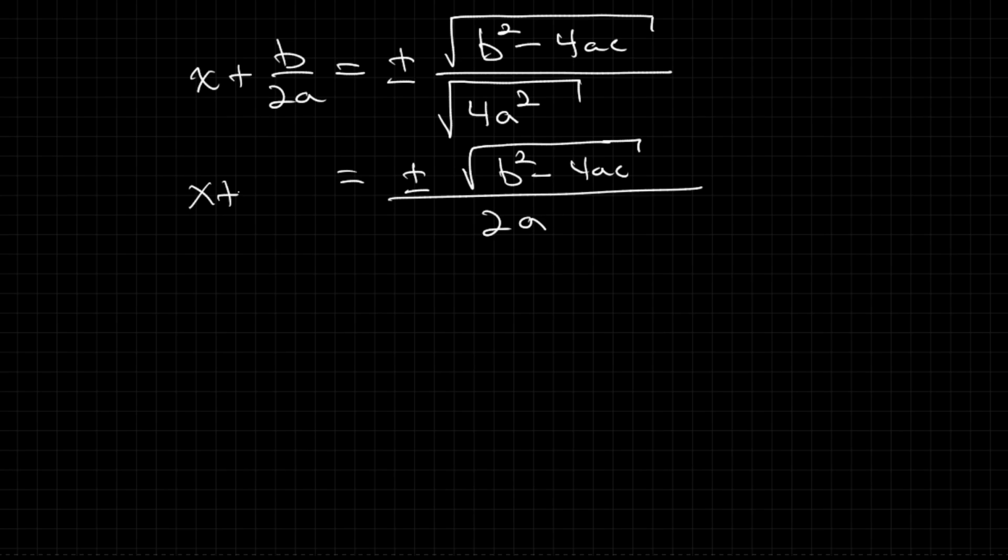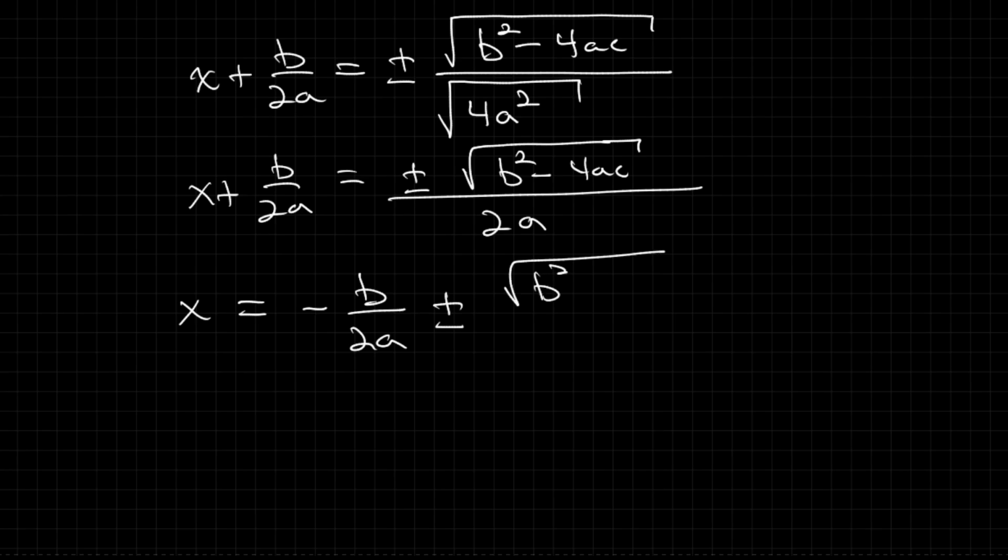And that has to be the same thing as x plus b over 2a. And now I can go ahead and subtract b over 2a, and I get x equals negative b divided by 2a plus or minus the square root of b squared minus 4ac all divided by 2a.